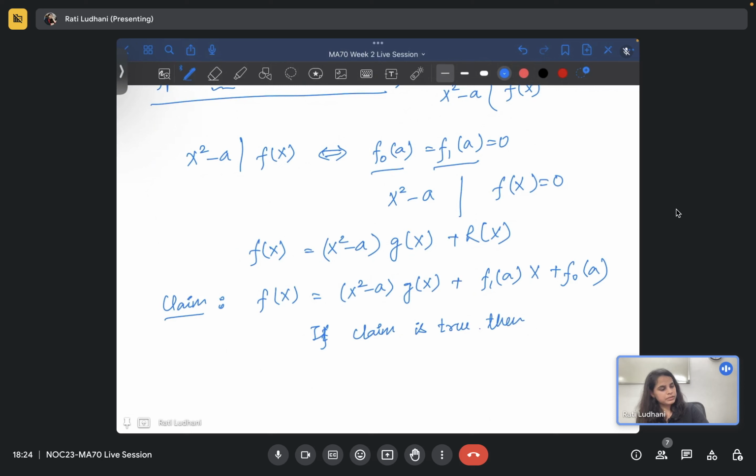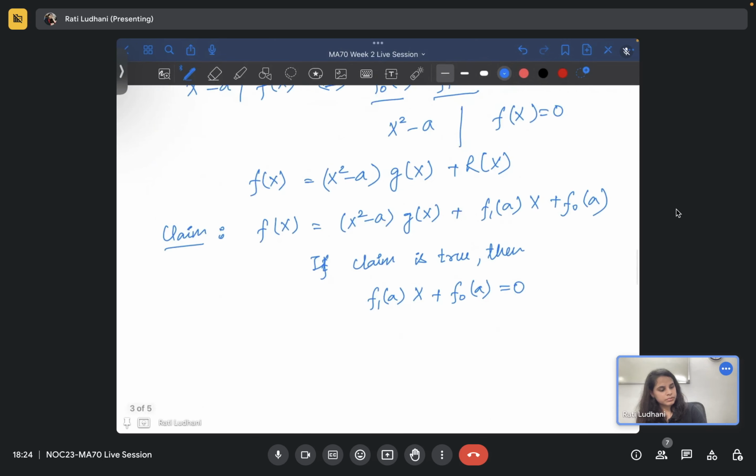If the claim is true, then what will happen? f1(a)x plus f0(a) is equal to 0, because x square minus a divides f(x) if and only if this holds, because this is a unique representation. Firstly, k is a field, so you can apply the division algorithm.